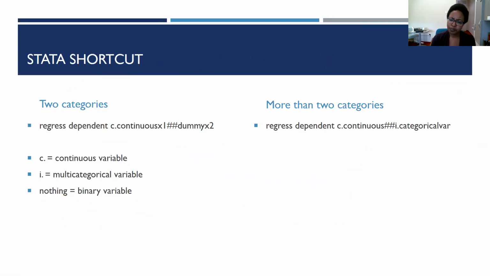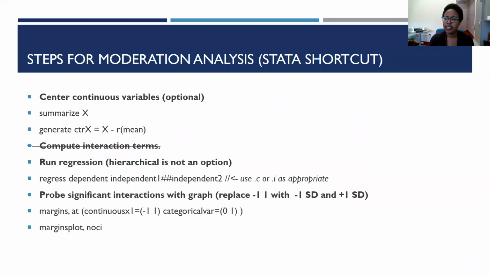Just to review what I did, I skipped right down to running the regression with our Stata shortcut here. I figured out what one standard deviation below and above the mean was on our continuous variable, and then I plugged that into our margins plot, and then I created the margins plot. So that's Stata.